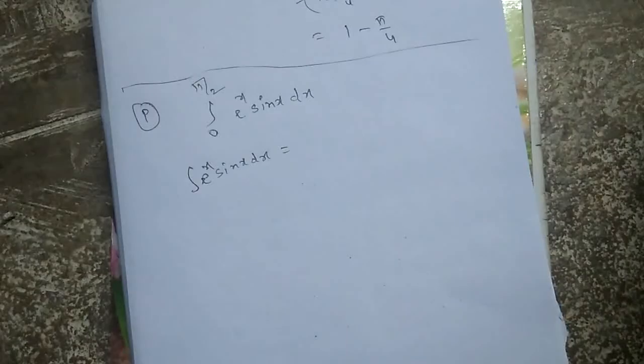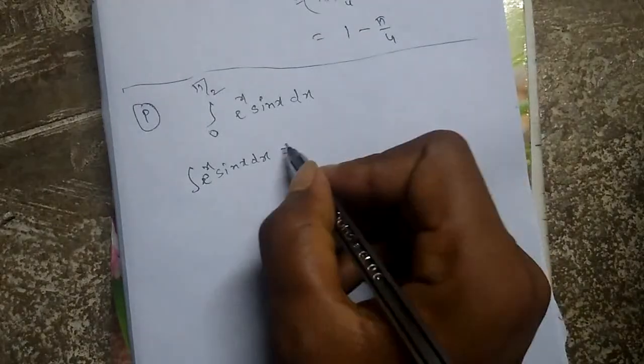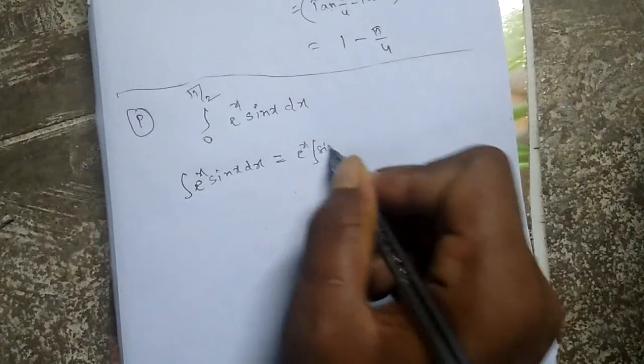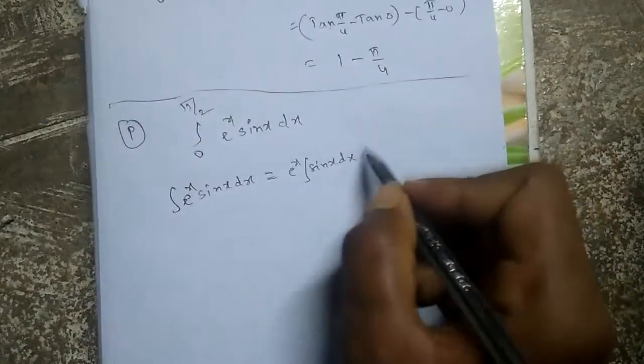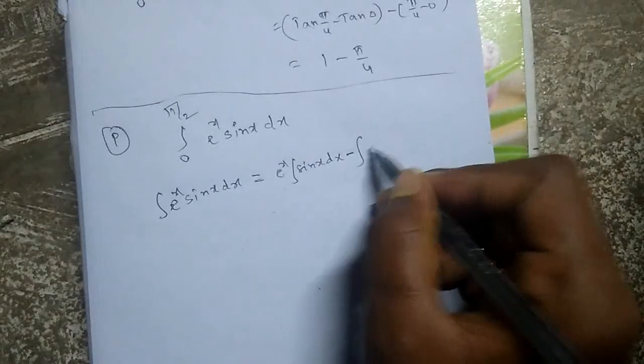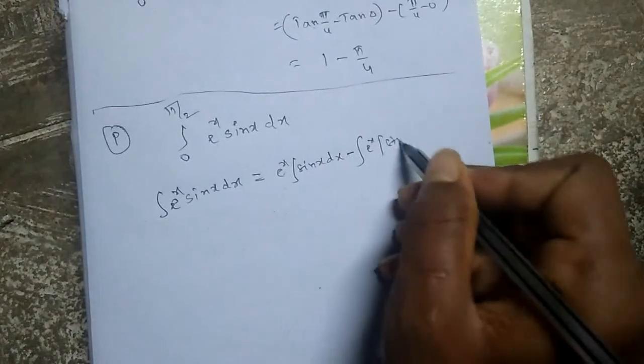So this is a product of two functions. So here what we do is e power x into integral sin x dx, minus the derivative of e power x, which is e power x, into the integral of sin x dx.